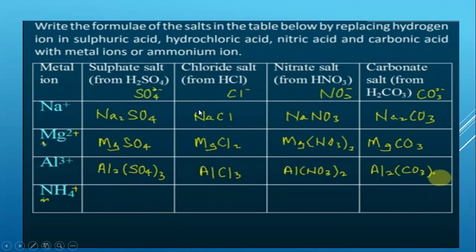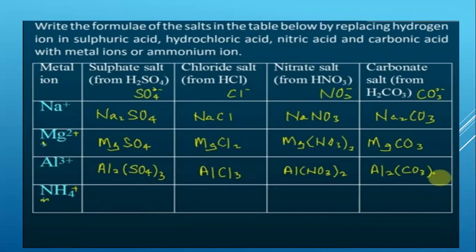Aluminium in presence of HCl forms AlCl3. Aluminium with nitric acid forms nitrate salts, that is aluminium nitrate. Aluminium from carbonic acid gets carbonate and forms carbonate salts, that is aluminium carbonate.